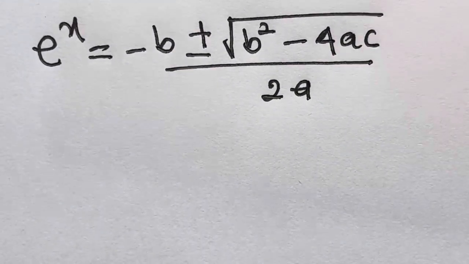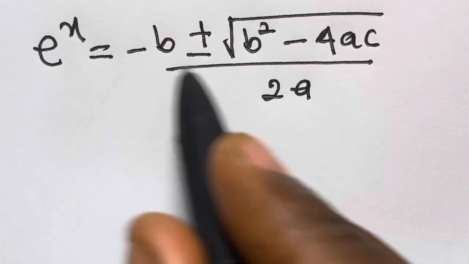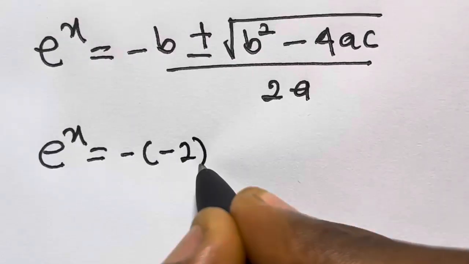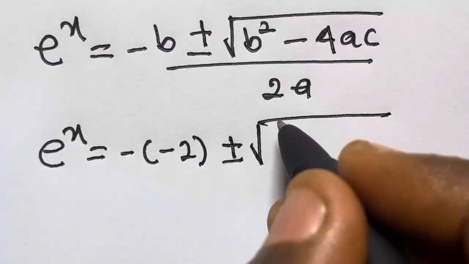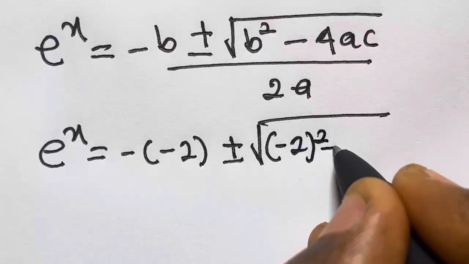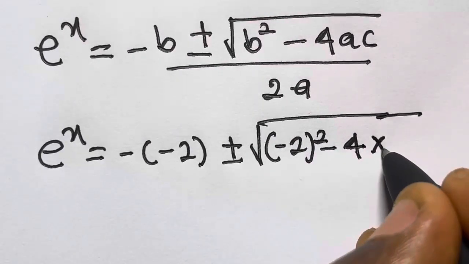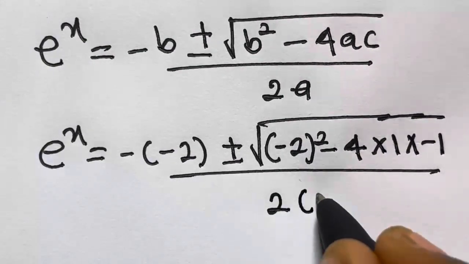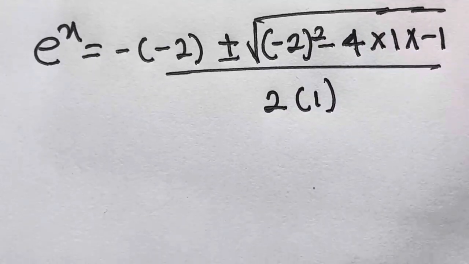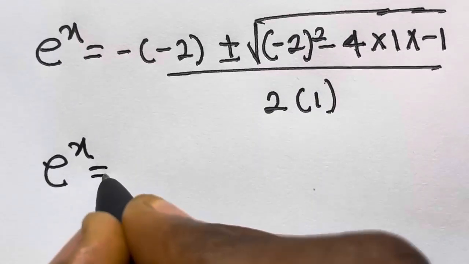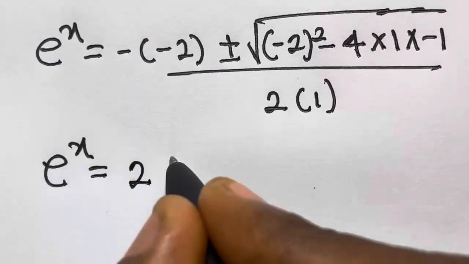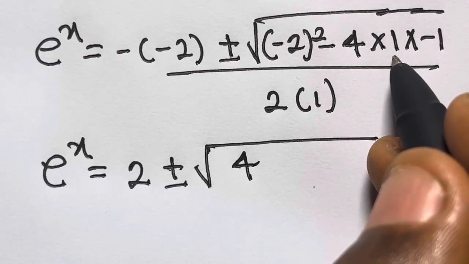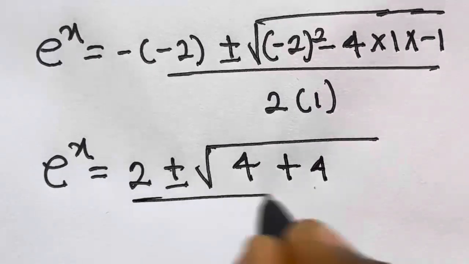If we substitute these values into this formula, we're going to have e^x equals minus minus 2, plus or minus square root of b squared, that is minus 2 squared, minus 4 times 1 times minus 1, divided by 2 times 1. That is a. So we have e^x equals 2 plus or minus square root of minus 2 squared, which gives us 4, minus 4 times 1 times minus 1, which gives us 4, divided by 2.